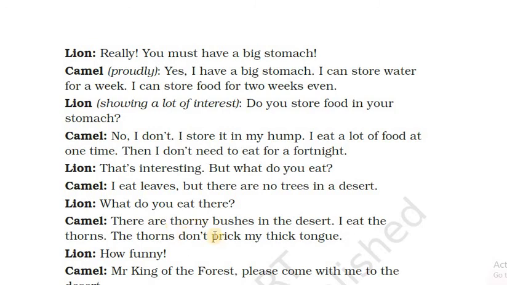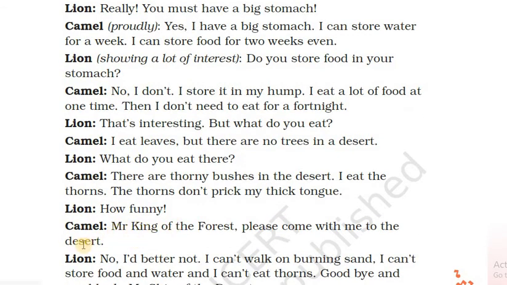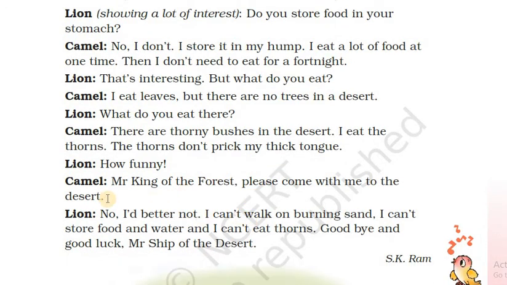And that thorns will not harm the camel because it has a thick tongue, so that will not prick its tongue. Lion says, how funny. Lion को थोड़ी funny बात लग रही है कि ये thorns खाता है और वो उसको prick भी नहीं करता, तो उसे थोड़ा सा funny लगता है.